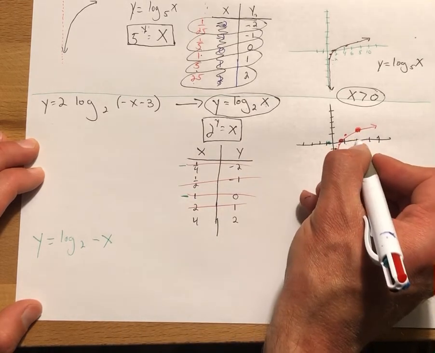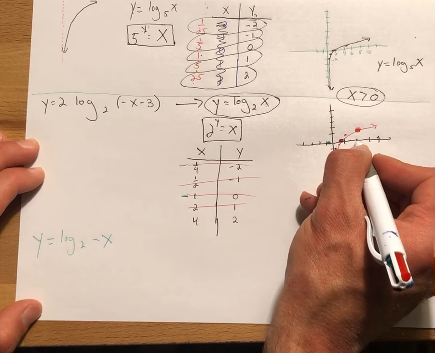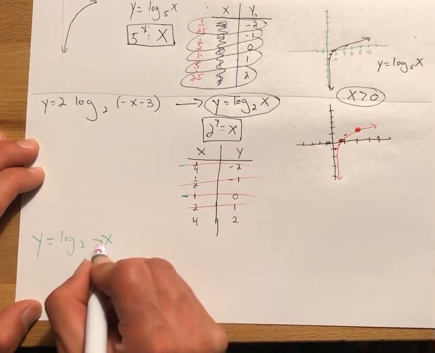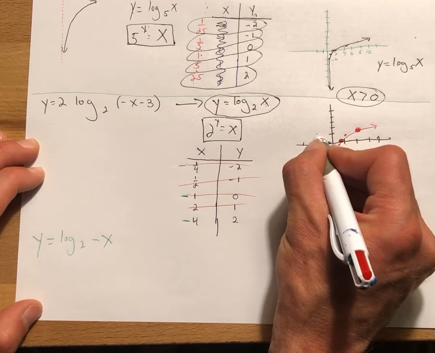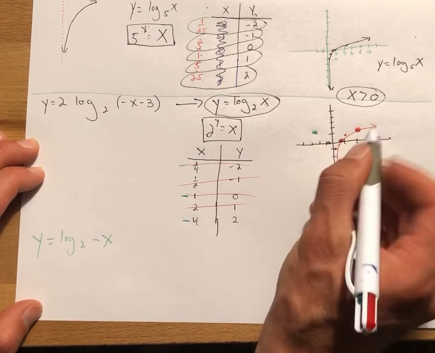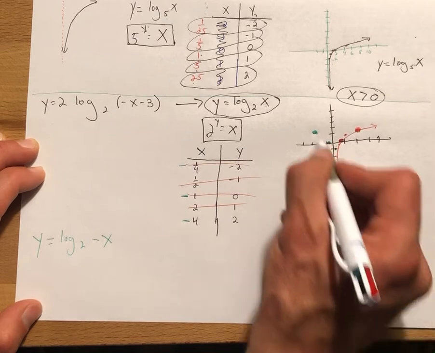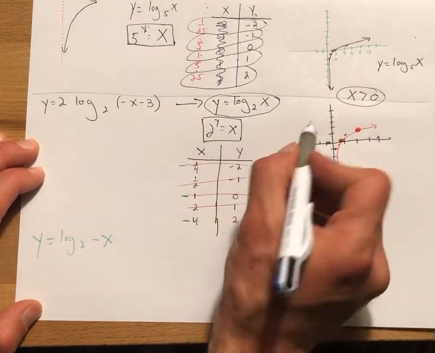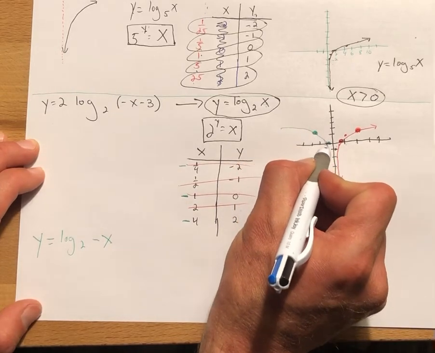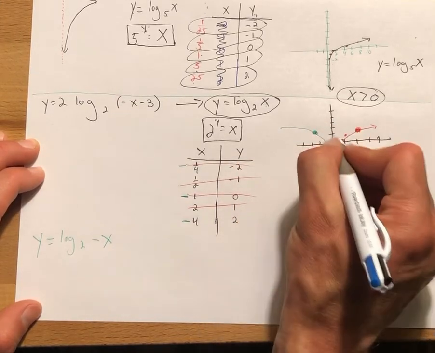This right here was 4 and 2. The negative x means it's negative 4 and positive 2. It still has the same vertical asymptote, so it's going to look like this, but just flipped over.